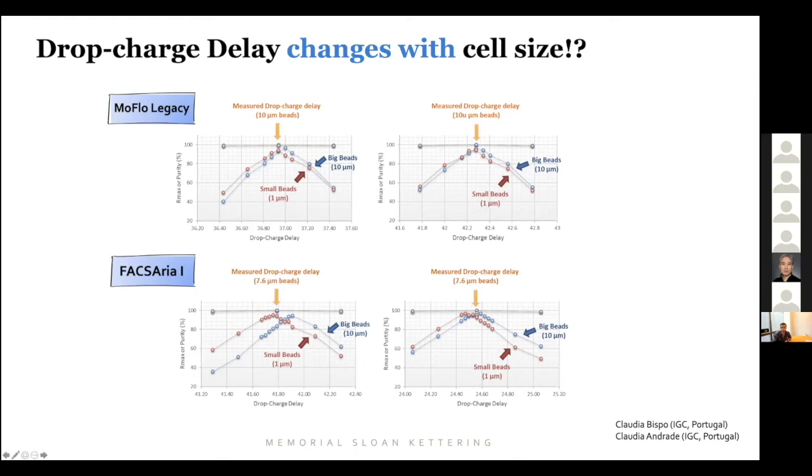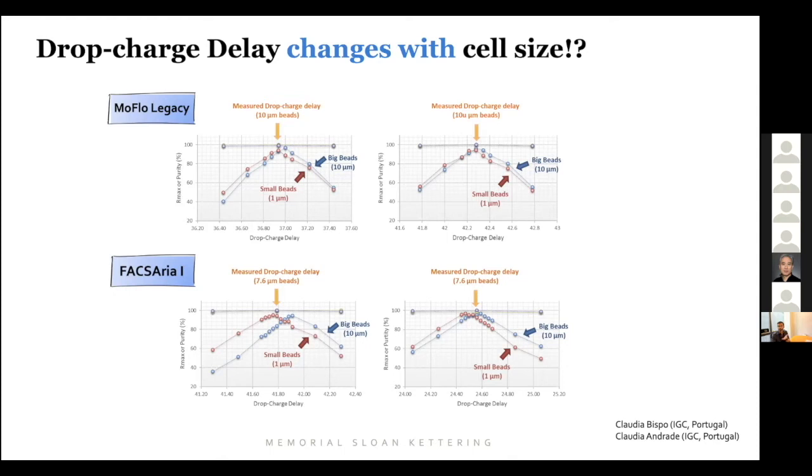It's still pretty much 100% across the board. But if you look at recovery, as soon as you start moving away from the correct drop charge delay, you'll start seeing an impact on recovery. So again, we wanted to start looking at recovery to determine whether these instruments were performing well.